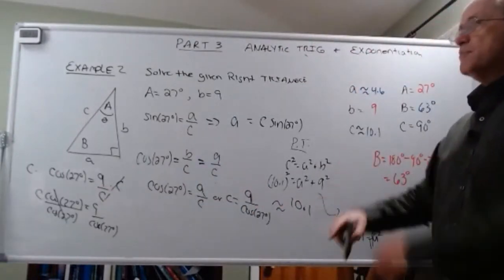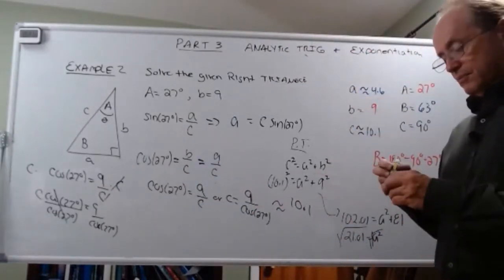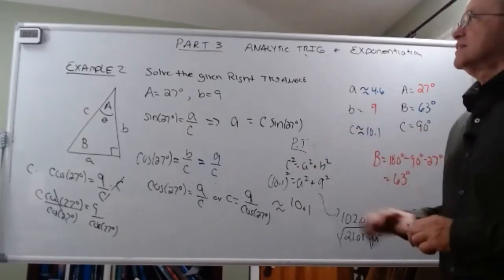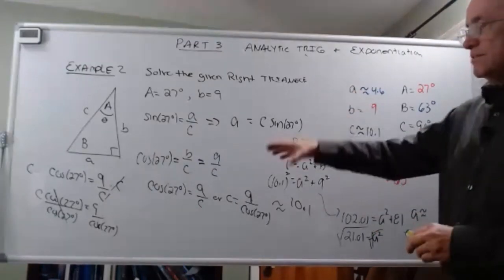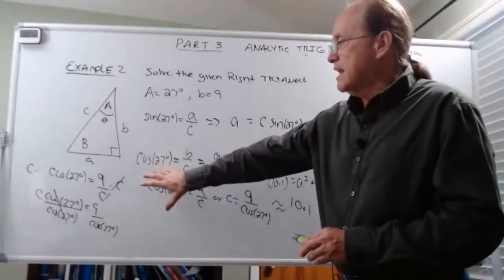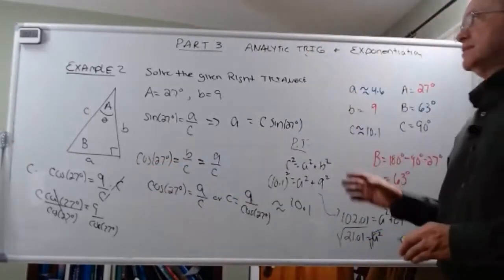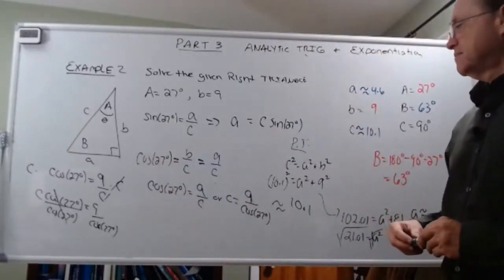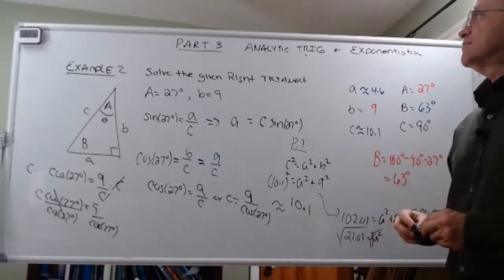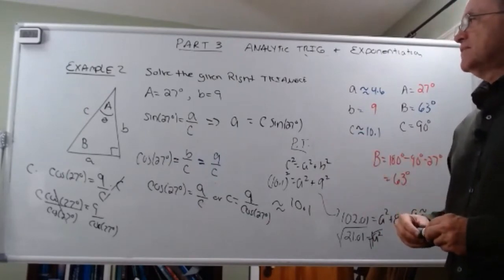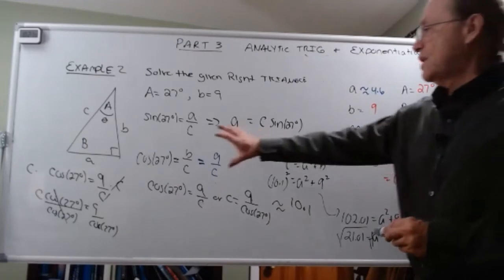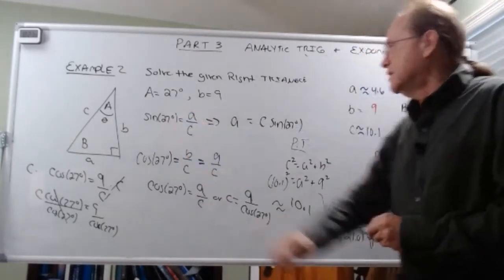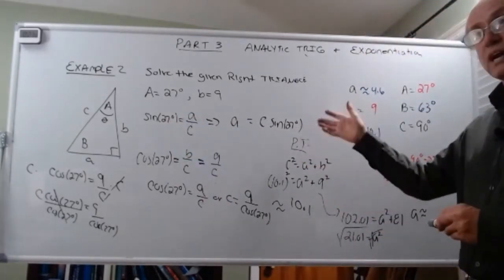And if you're having problems, practice it. Do a lot of practicing, because if you're bogged down by this, all the other stuff is going to be much more complicated. But that's how we solve the given right triangle. And again, you have a choice, because you have the sine and cosine. You use the Pythagorean theorem or not.